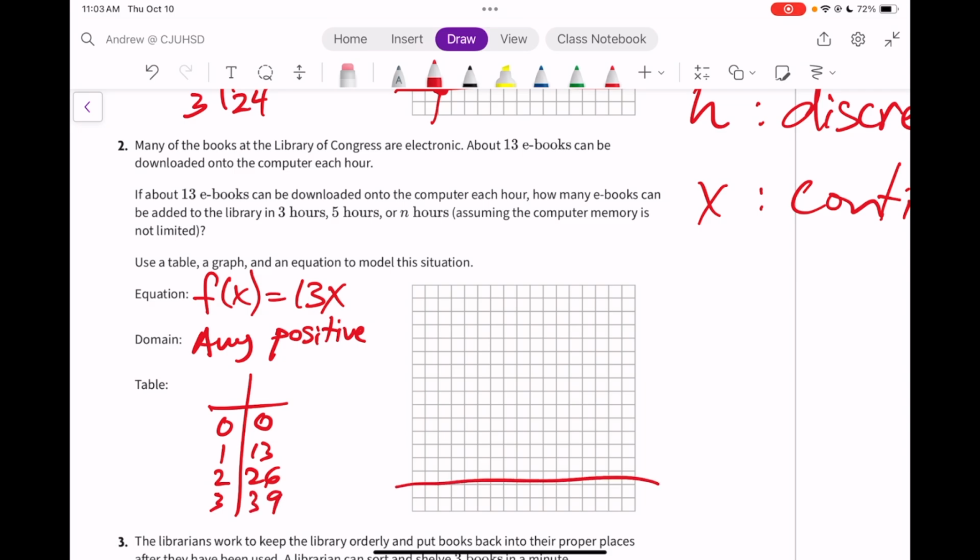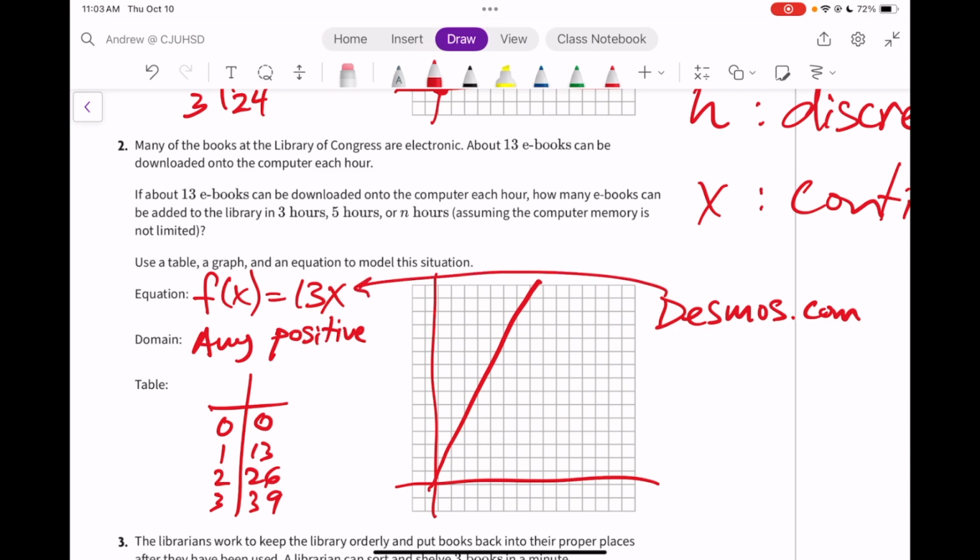The key difference in the graph, though, is that this one would be solid. I didn't take a whole lot of time with the graph, but if you go to desmos.com and you type in f of x equals 13x, you'll see exactly what the graph is supposed to look like.